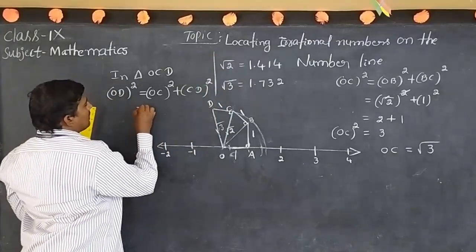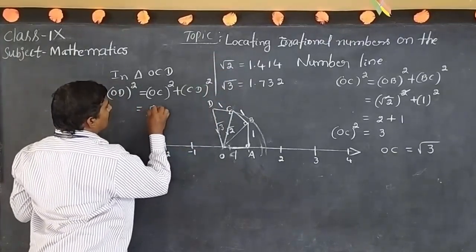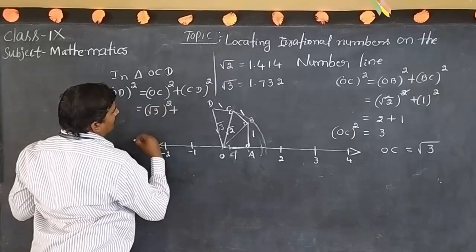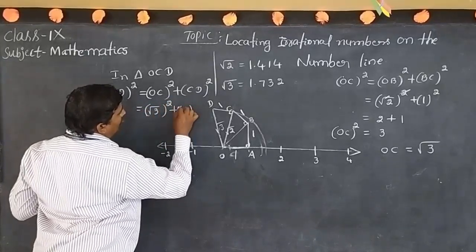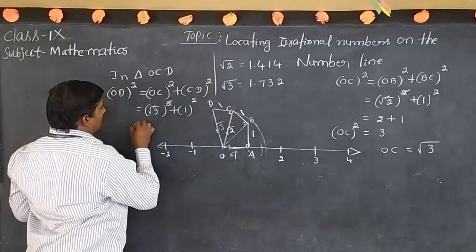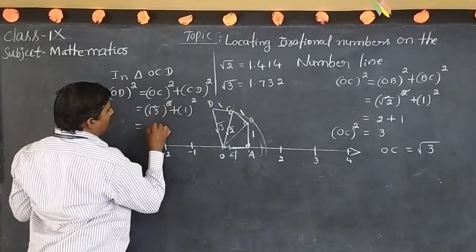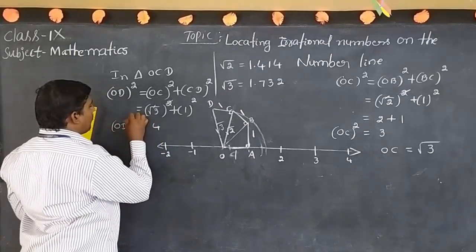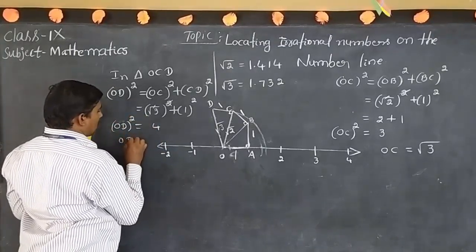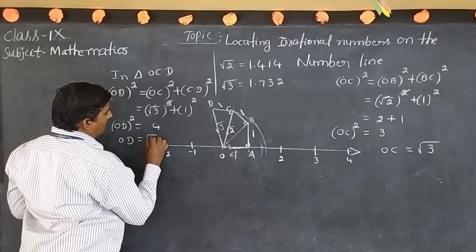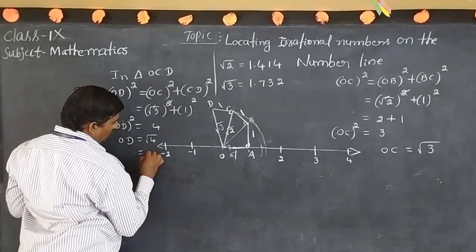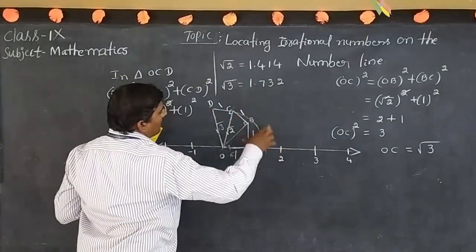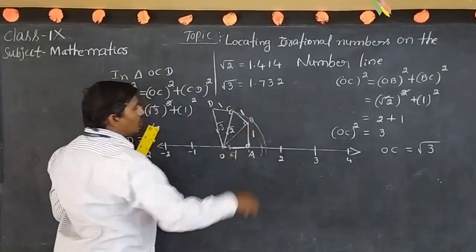Okay, see OC value root 3 whole square plus CD value 1 square. So 3 plus 1 is 4. OD square is equal to 4. OD is equal to root 4, nothing but 2. So taking this OD, it is going through 2.